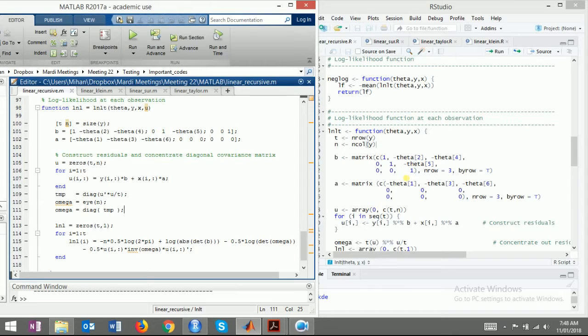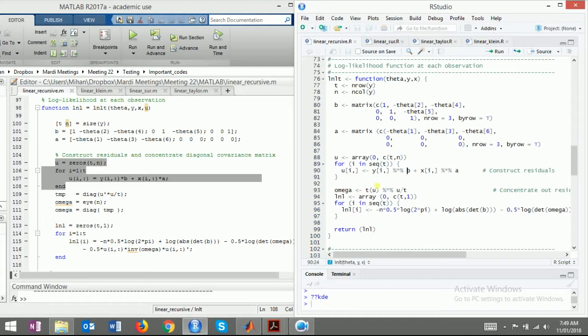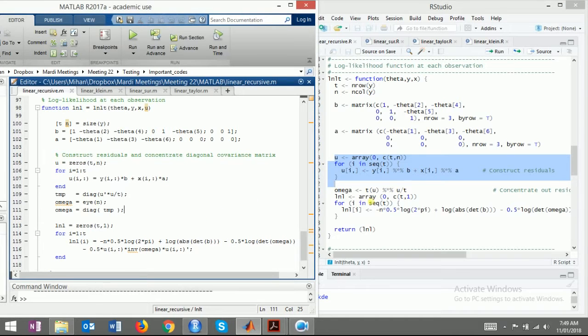Construct residual and concentrate diagonal covariance matrix, zeros for i diagonal TMP. First construct the residual. We have constructed the residual BA, then constructed the residual, fine. Then omega TU UT, omega is diagonal, u is equal to 0. Okay.